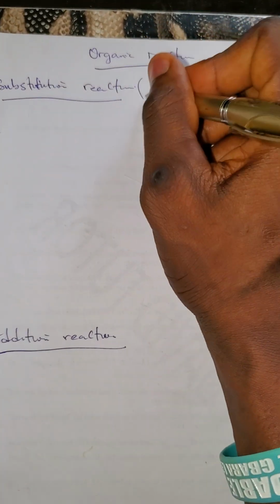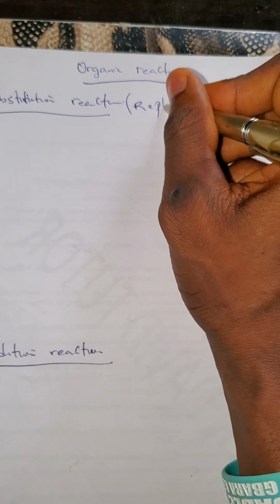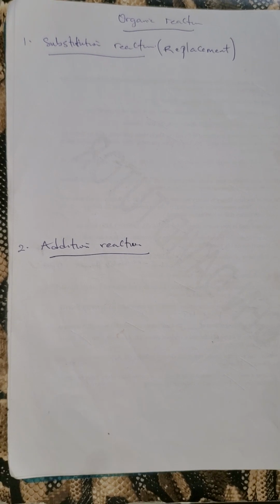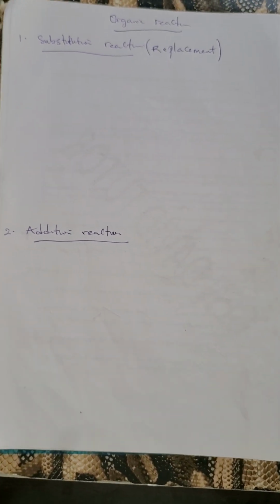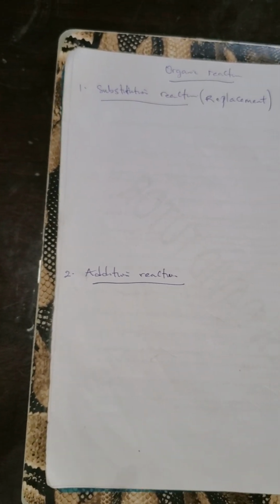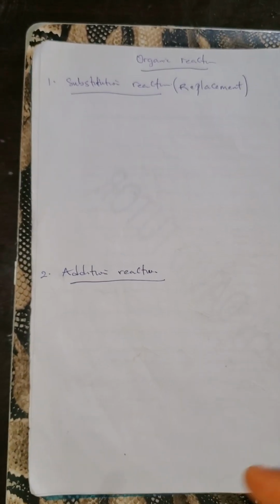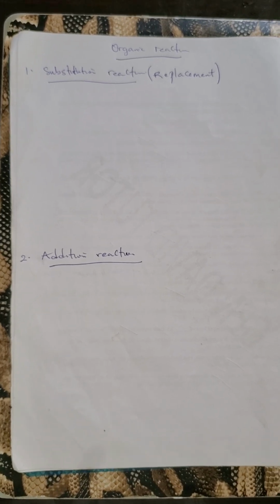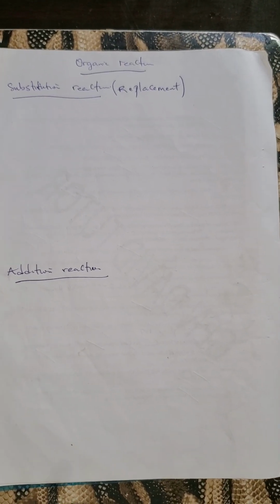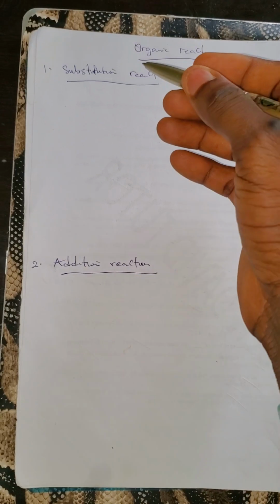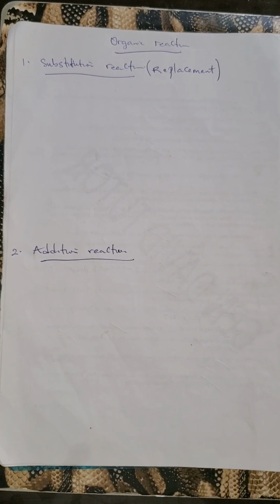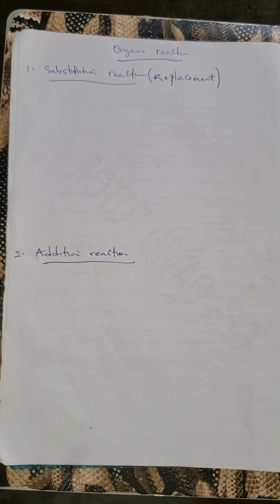What is a substitution reaction? A substitution reaction can also be known as a replacement reaction. The addition reaction is not replacement, so it's the opposite. A substitution reaction is a process in which atoms of the organic compound are replaced by an atom or group of atoms.